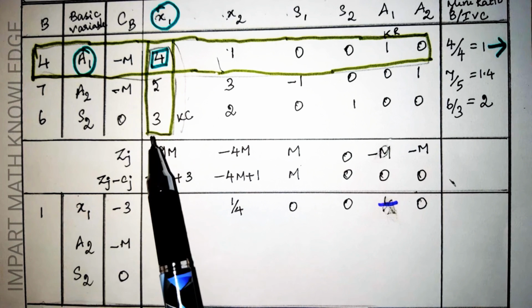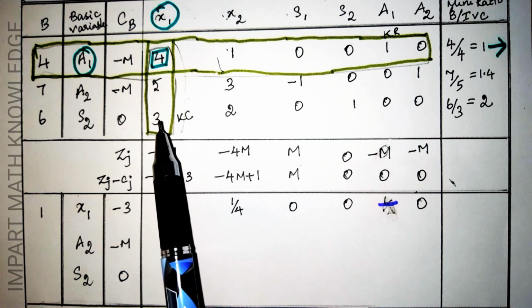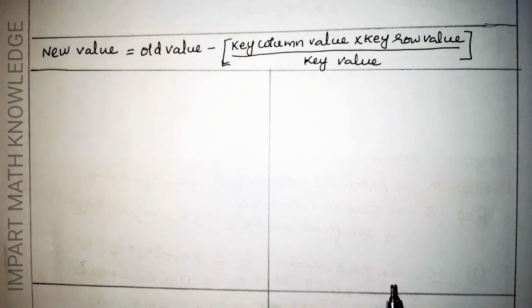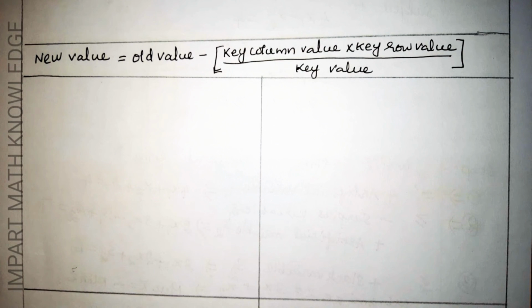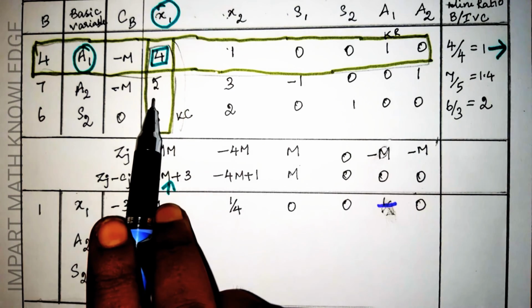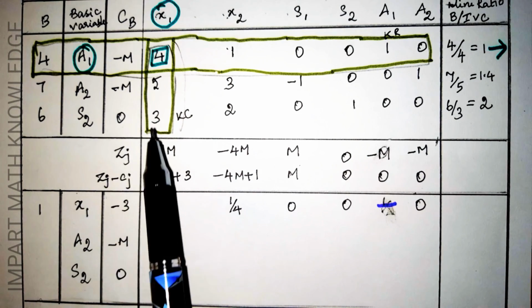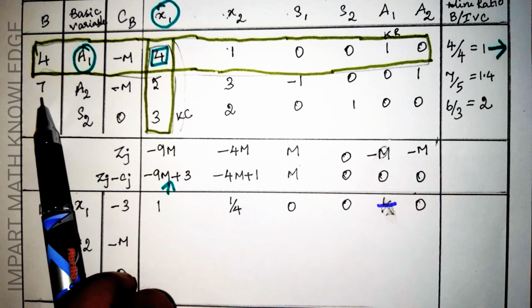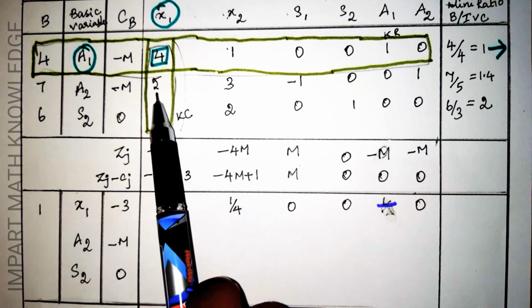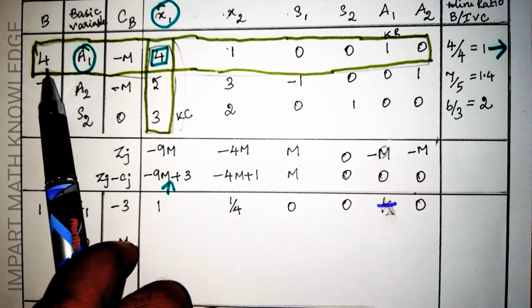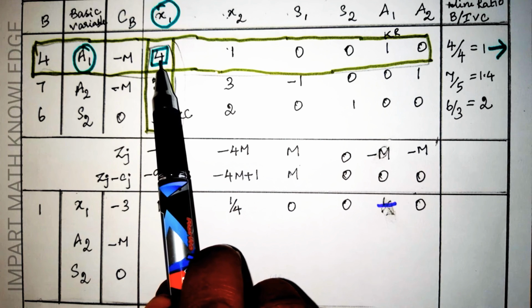Now we want to make the other elements in the key column 0. For that we have to use the formula: new value is equal to old value minus key column value into key row value divided by key value. Now for the second row, the old value is 7, the key column value is 5, the key row value is 4 and the key value is 4.